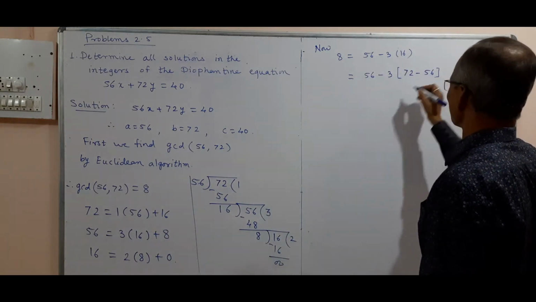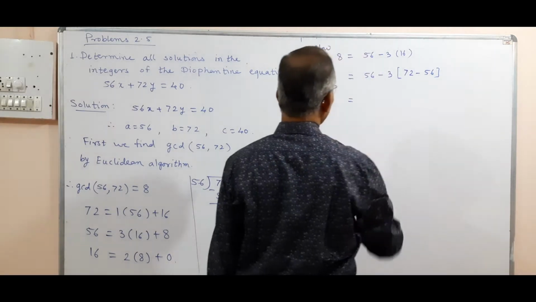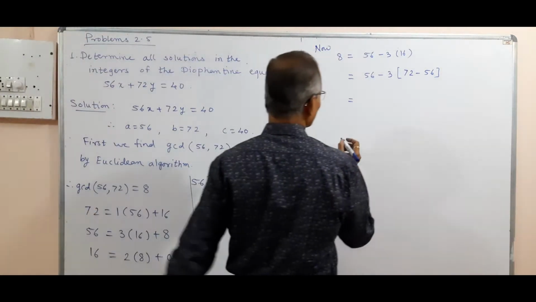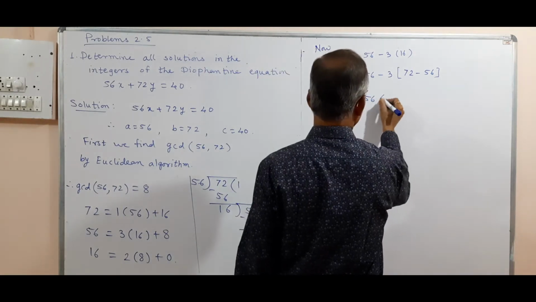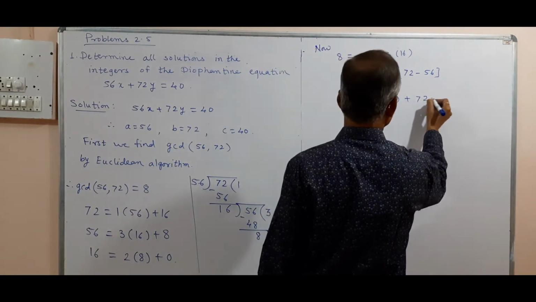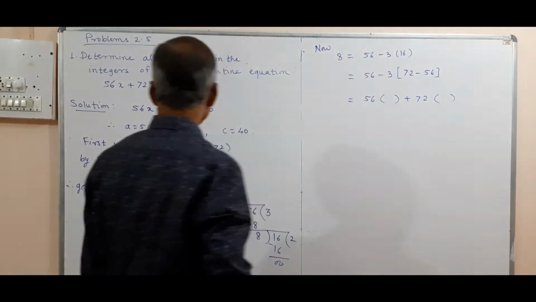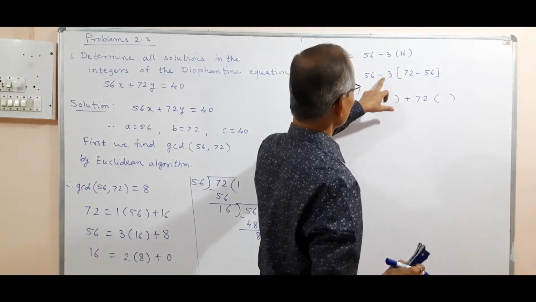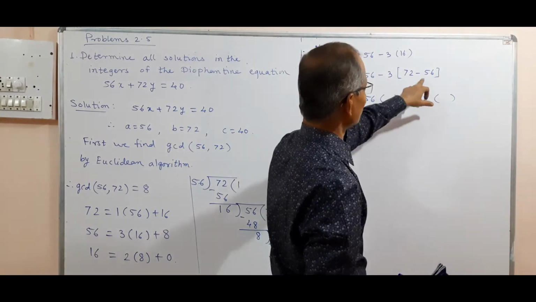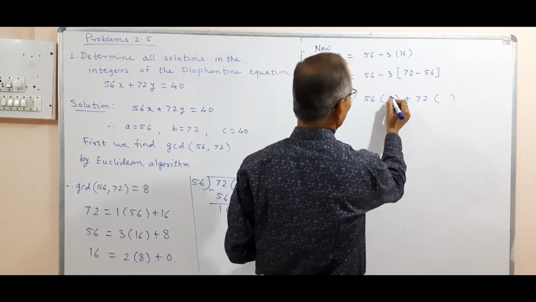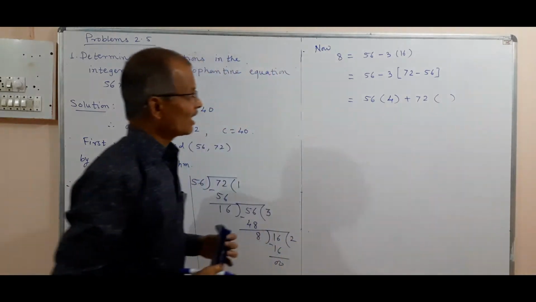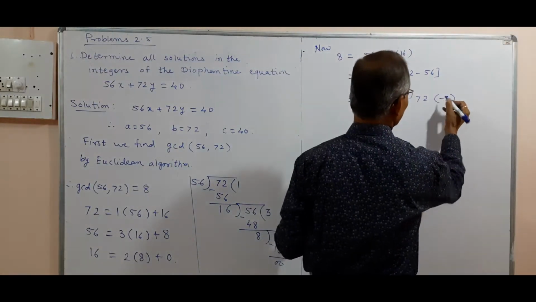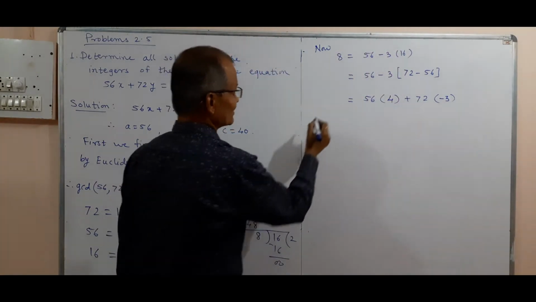Now you may check, we want the combination of 56 into some number plus 72 into another number. This is 1 times 56 and 3 times 56, that is 4 times 56, and 72 minus 3 times, so therefore 4 times 56 minus 3 times 72 is 8.